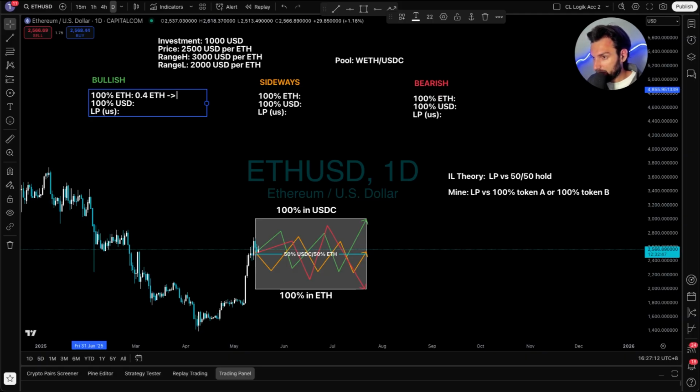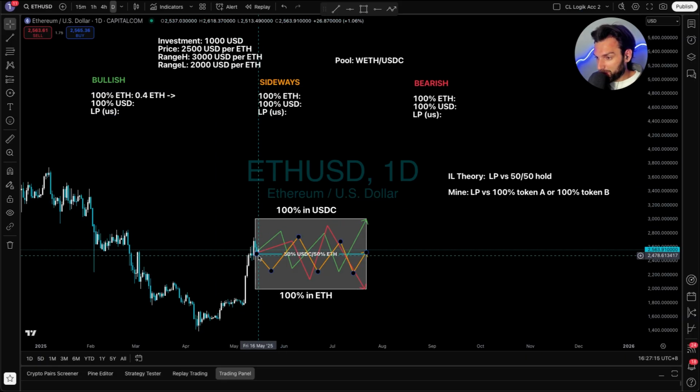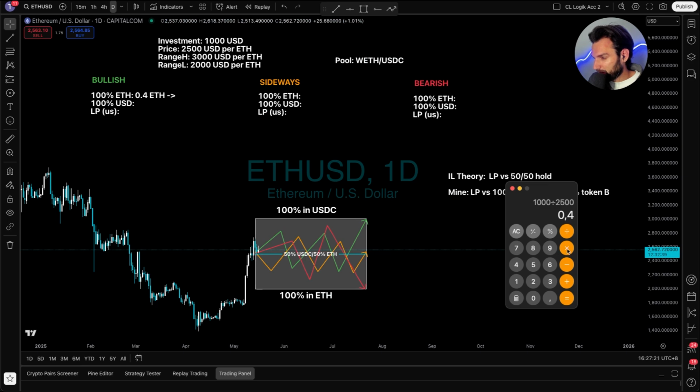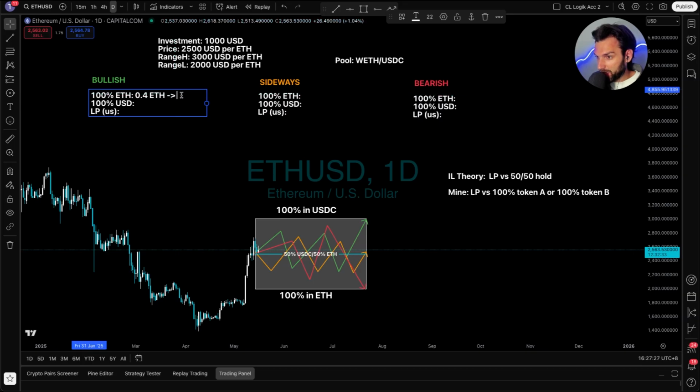And what is that 0.4 ETH worth now at $3,000? Well, let's get our calculator back up. 0.4 ETH times $3,000. He made 20% on his move. So he made $200. His portfolio is now 1,200 USD.